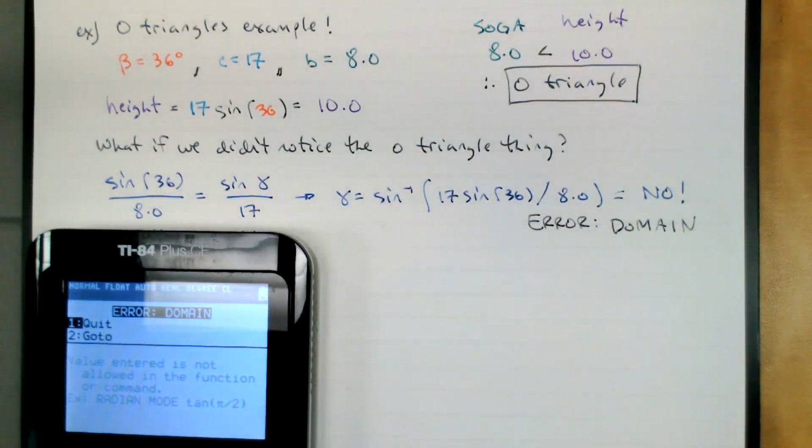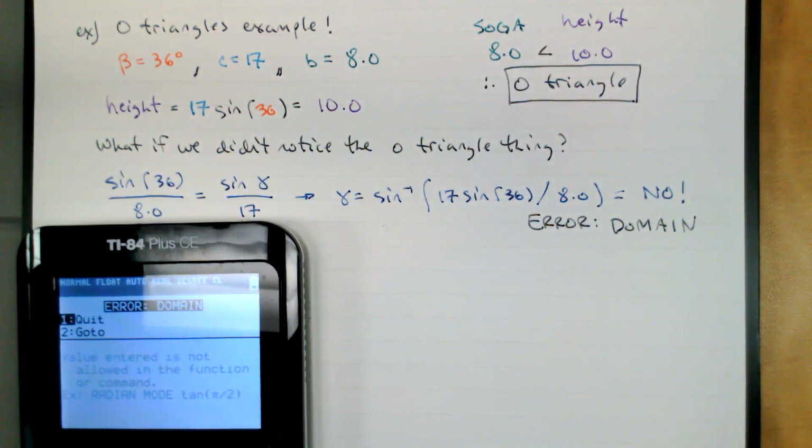If it was a syntax error, that just means we typed some nonsense at our calculator and it didn't understand what we were trying to say. But a domain error is because if we calculate that height divided by the 8.0, that's more than 1.